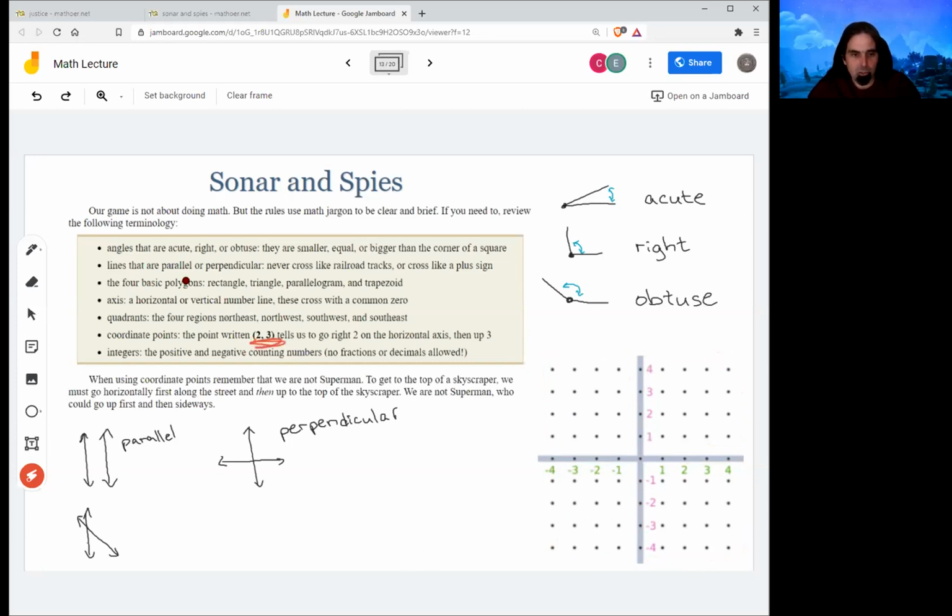If I want the point 2, 3, that always means go over 2, 1, 2, and then go up 3, 1, 2, 3. So this point right here is 2, 3.